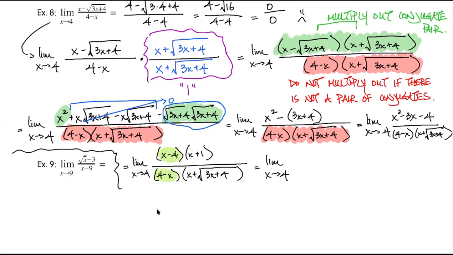It turns out that when you see an x minus 4 and a 4 minus x, they are the same, except one of them is multiplied by a negative 1. In other words, negative 1 times 4 minus x will give me x minus 4.